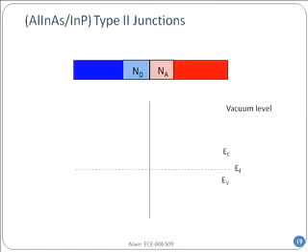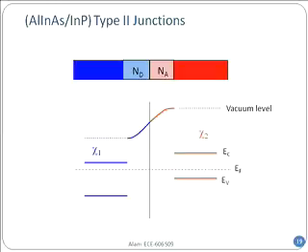Now, let's talk about type 2. Type 2 junctions have lots of applications. So again, I'm doing an n-type on the emitter, same rules. But this time, you see the band gap does something like this.